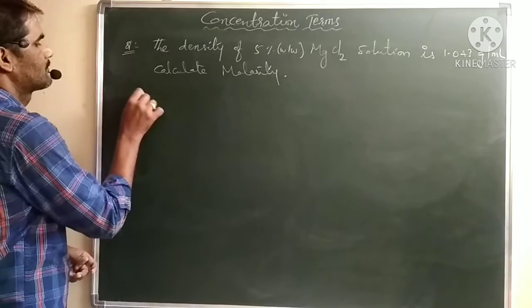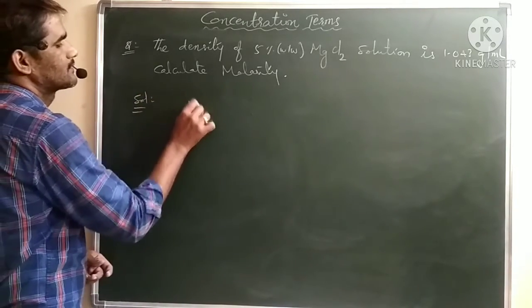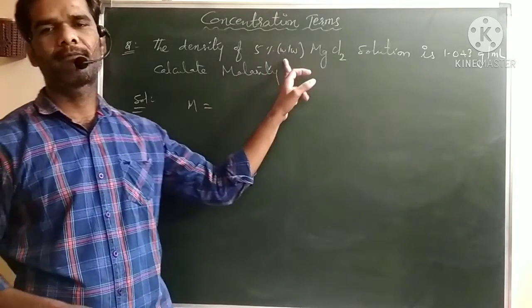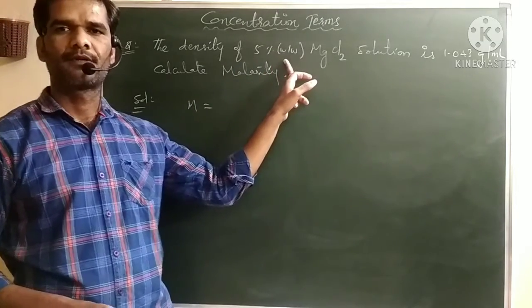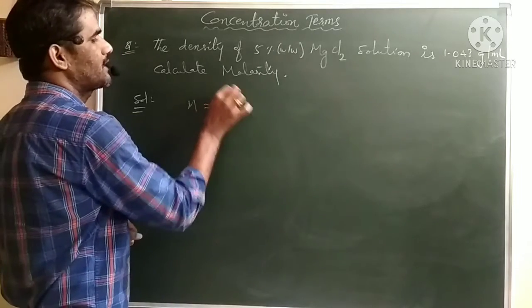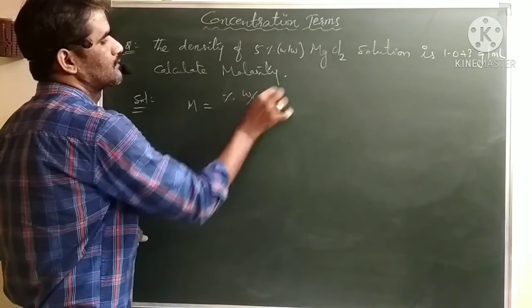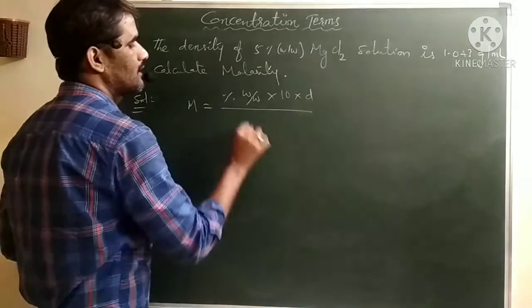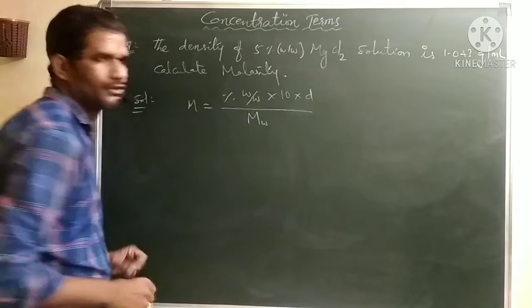Now for this we have the relation between molarity and weight by weight percentage. What is the relation here? Molarity equals percentage by mass into 10 into density, by molar mass of the solute.